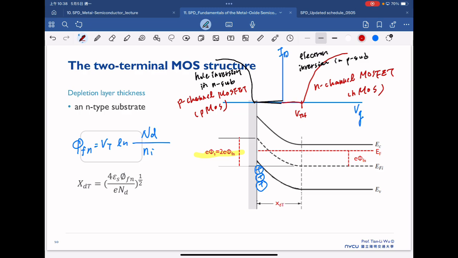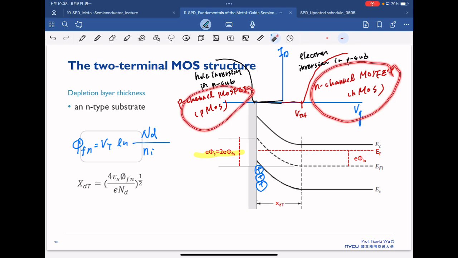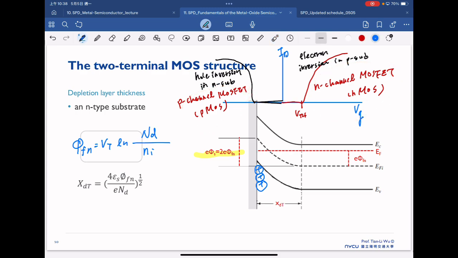So the purpose of developing the NMOS and PMOS at the same time is because there's one particular circuit where on top we have the PMOS, on the bottom we have the NMOS, and then we connect them together with one input and one output.